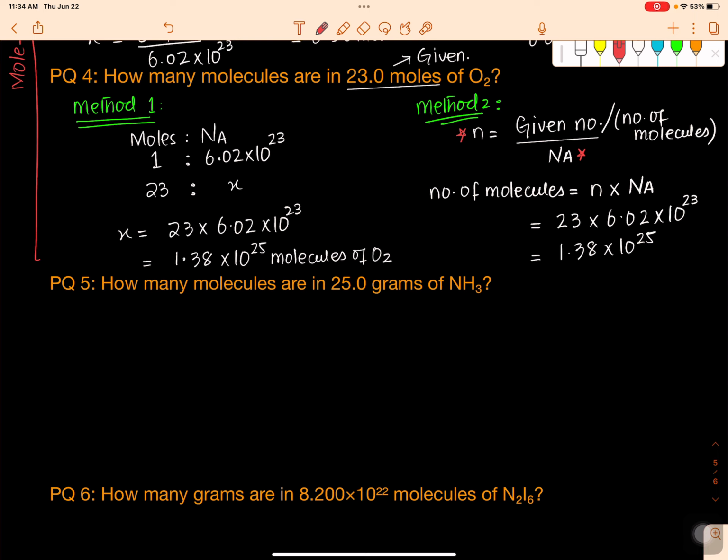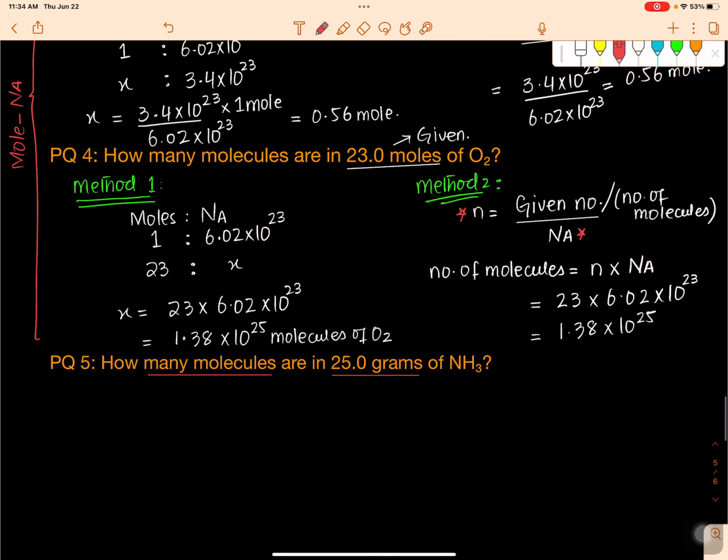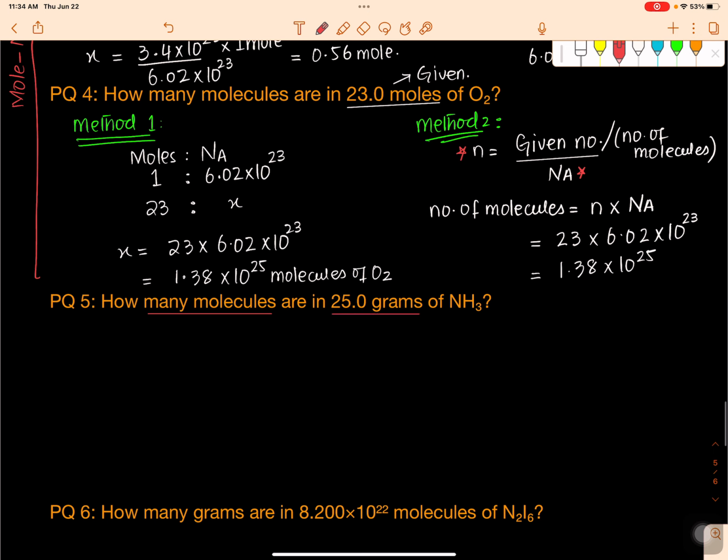How many molecules are in 25 grams of ammonia? They are inquiring about molecules in 25 grams of ammonia. Before that, we were provided with the moles, but now we are provided with the grams. So this problem should be done in 2 steps.